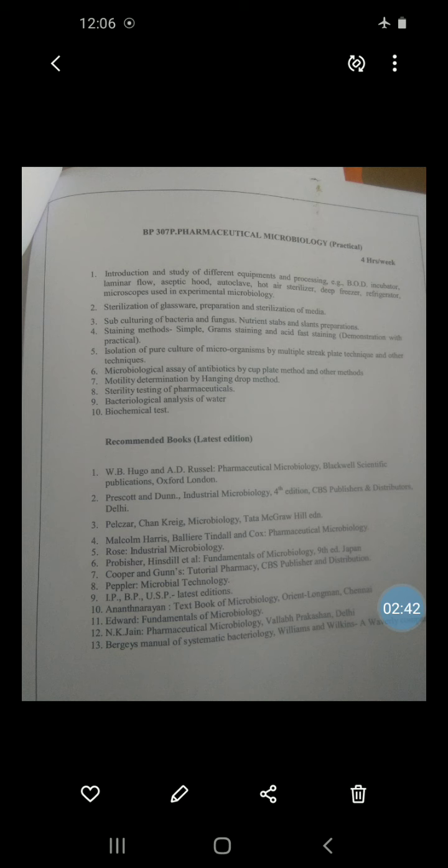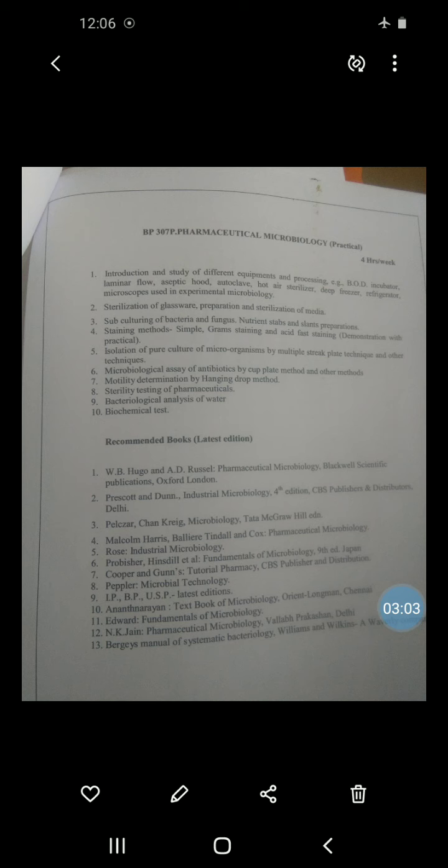In special methods, first single cell isolation, then enrichment method, then selective media method, and fourth, differential method.